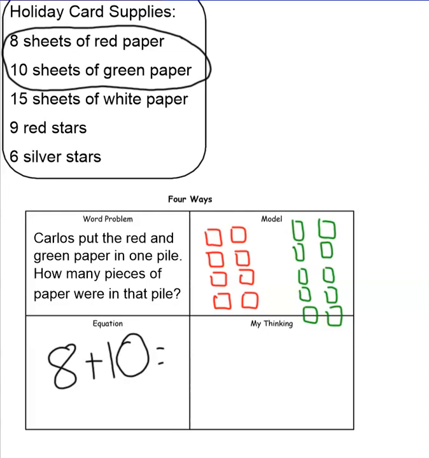I'm thinking if I have 10 and I add 8 more, that I would have 18. Let's make sure that's right. 10, 11, 12, 13, 14, 15, 16, 17, 18.